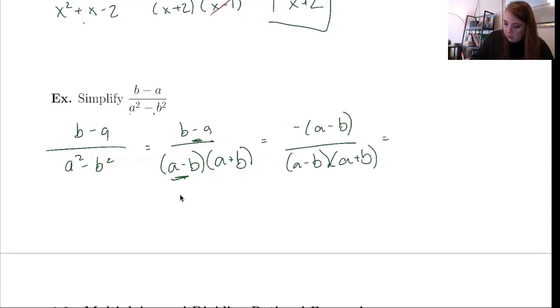So now when I cancel these out, I've seen this a few times. These are canceling out to be 1, not 0. So there's going to be a negative 1 on the top, A plus B. Think of it also just like a hidden negative 1 right there. So that negative 1 is left over.